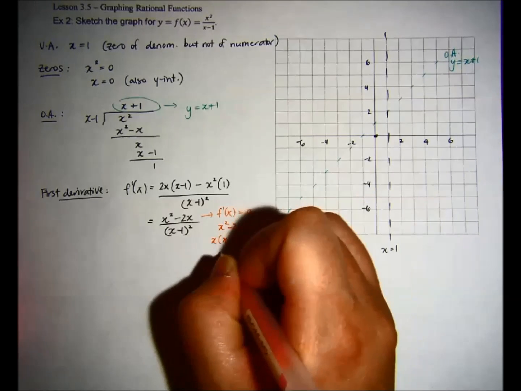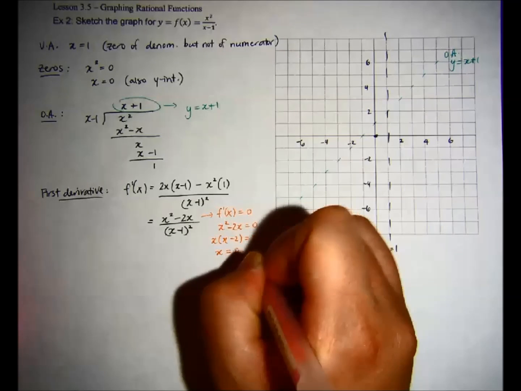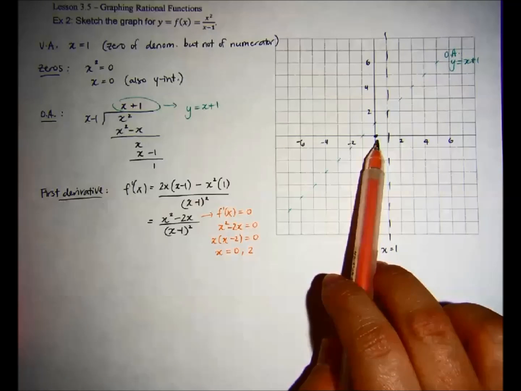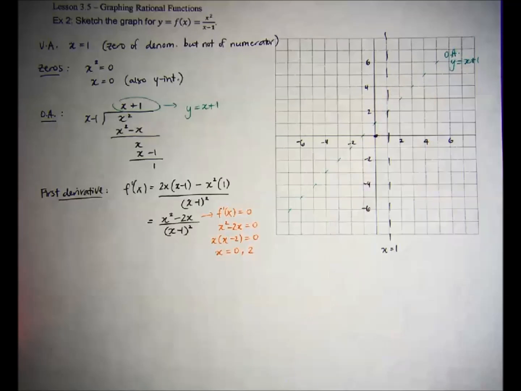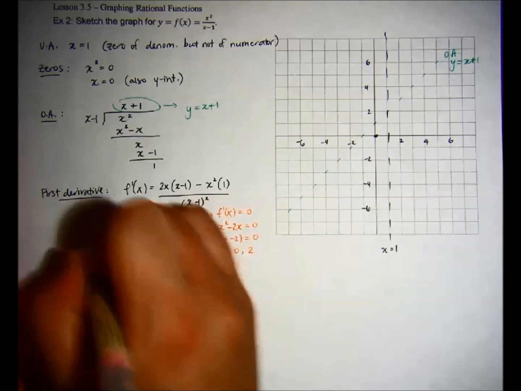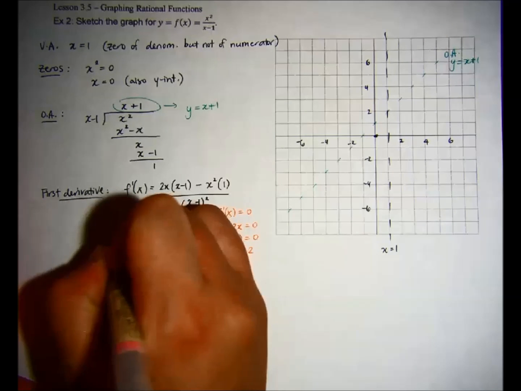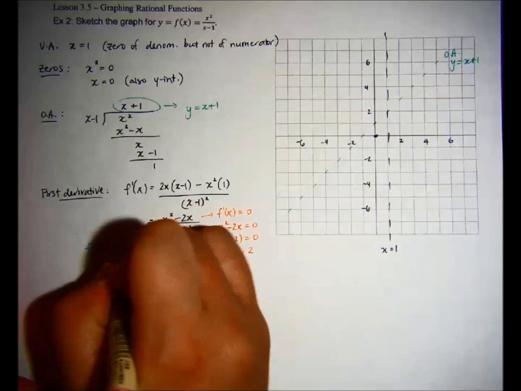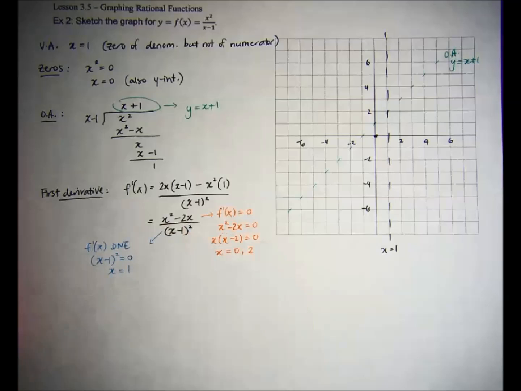And we have two possibilities, 0 or 2. So that means that x equals 0 and x equals 2 might be our relative extrema. And now for the other part, when we look at f prime not existing, that's when the denominator is equal to 0, and that only happens when x is equal to 1.